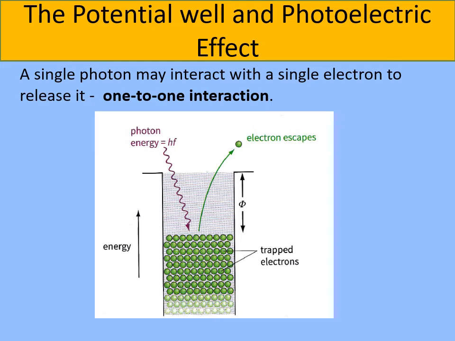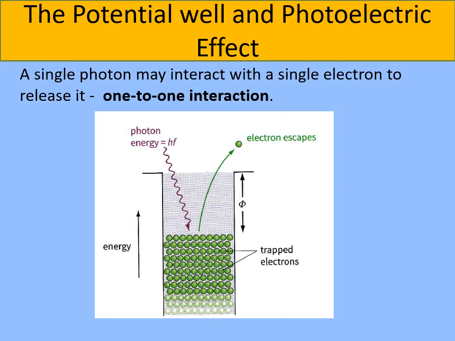So electrons are attracted by the electrostatic forces due to the positive metal ions. A single photon could provide the energy needed by an individual electron to escape. The photon energy would need to be at least as great as phi, the work function. A photon of visible light has less energy than the work function, so it cannot release an electron from the surface of zinc.